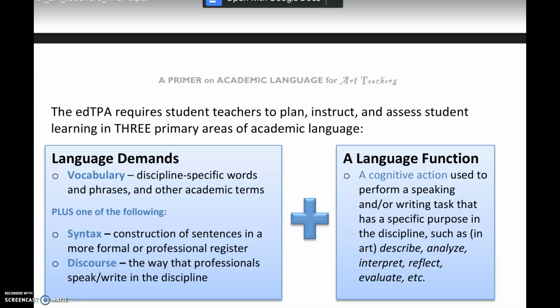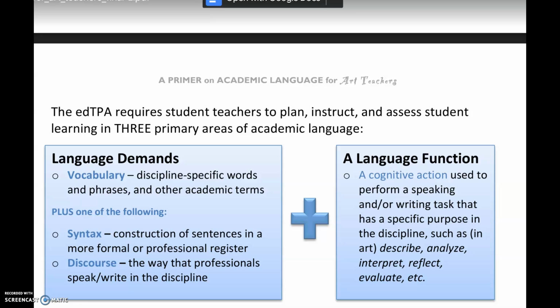So I thought that was really helpful to see the breakdown of the different types of vocabulary to look for within documents in social science or history and government when prepping text for students. And then the other part of language demands is either syntax or discourse.